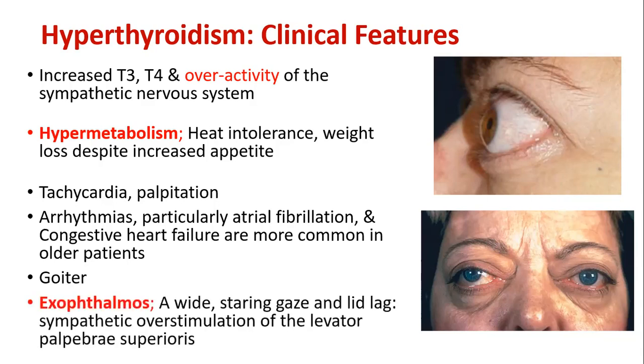And they may have exophthalmos, a wide staring eye gaze. Very interestingly, if you look at this picture, what is the normal eyeball? The lower eyelid will just touch the lower part of the cornea.